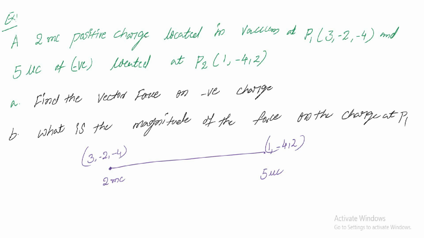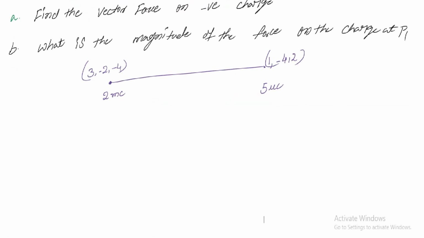For finding the force, F is equal to Q1 Q2 by 4 pi epsilon naught mod R12 into R12 by mod R12. So how to get mod R12?